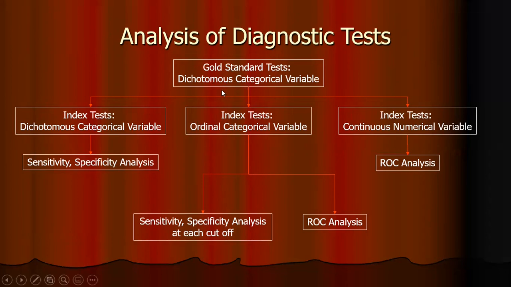If the gold standard is a dichotomous categorical variable and the index test is an ordinal categorical variable, we can use sensitivity and specificity analysis at each cutoff, or we can use ROC analysis. If the gold standard is a dichotomous categorical variable and the index test is a continuous numerical variable, then ROC analysis is done.